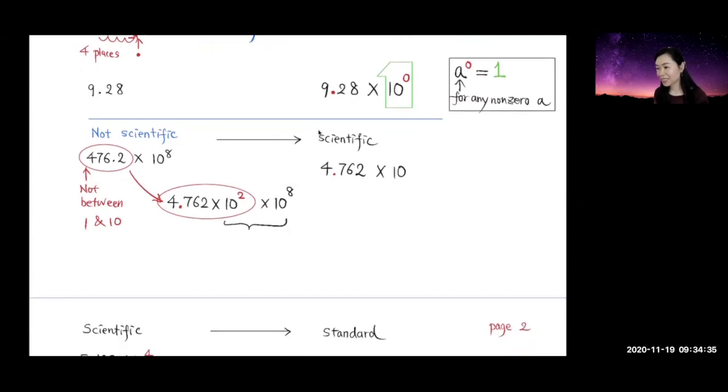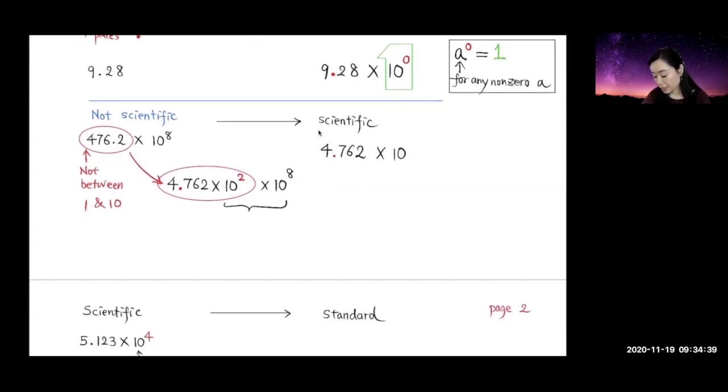Remember the product rule: when they're side by side and multiplied and have the same base, you keep the base and add the exponents. So this is 2 plus 8, which makes 10. So the exponent over here is 10.